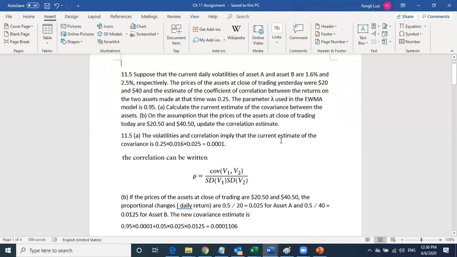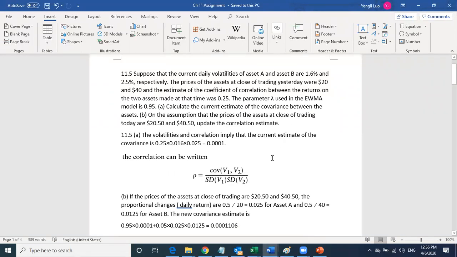So update the correlation. The first step is to compute the covariance from the volatility and the correlation: the volatility 1.6% times 2.5% times the correlation 0.25. This is the previous covariance.